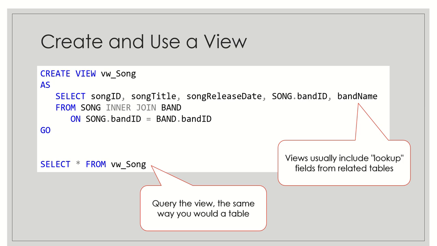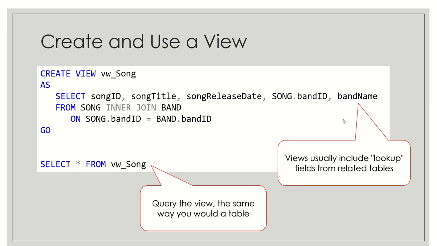So let's take a closer look at this select statement that generates this particular view. So we're selecting some fields from the song table. Song ID, title, release date, band ID, and we also have this field band name that is coming from the band table. So we're performing the join statement between song and band so that we can include the band name.